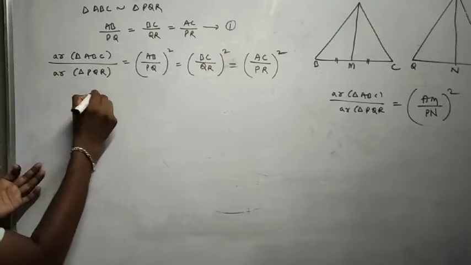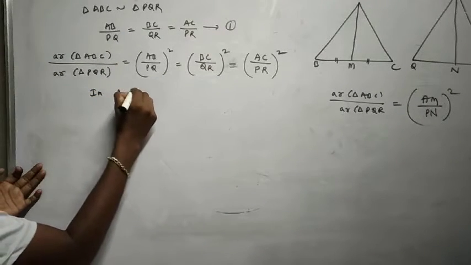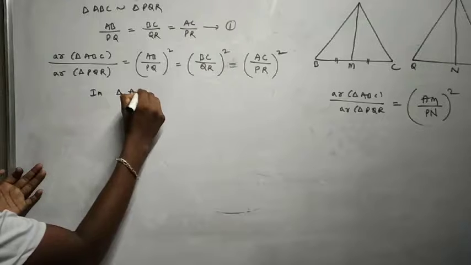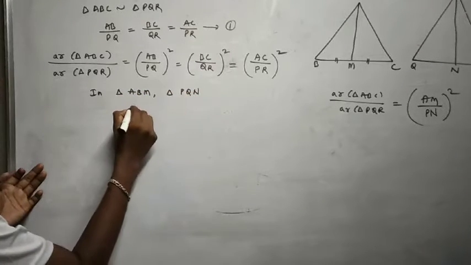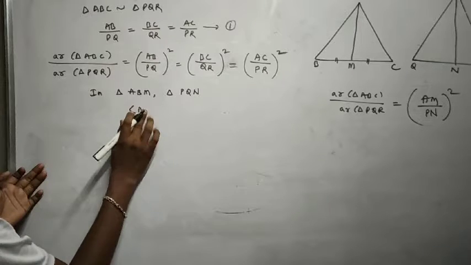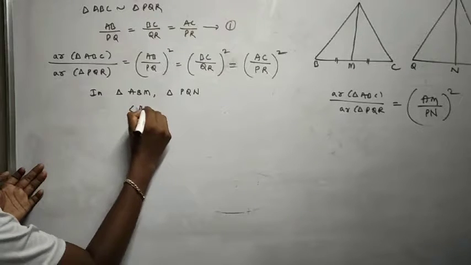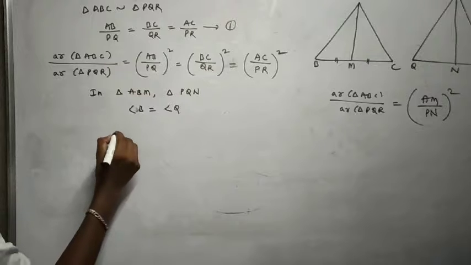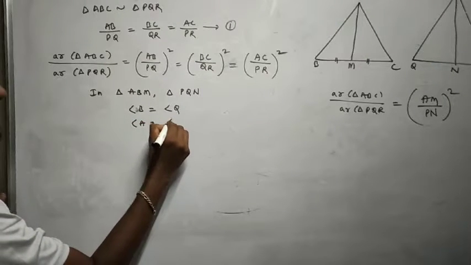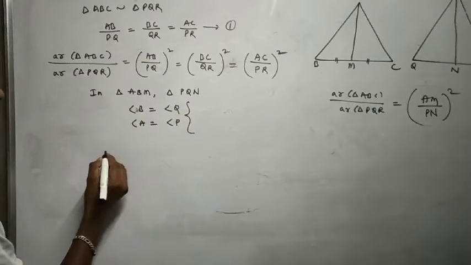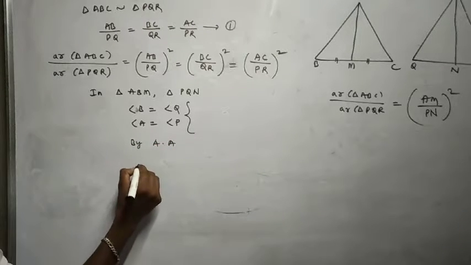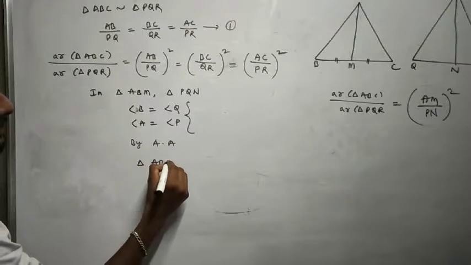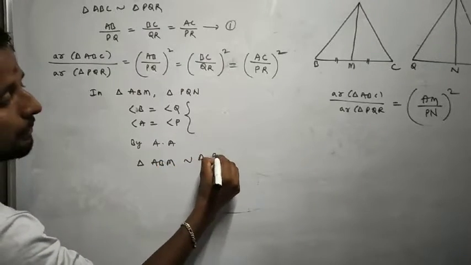So in triangle ABM and triangle PQN, I'll write angle B is equal to angle Q, right? Angle A is equal to angle P. So by AA similarity, I can write triangle ABM is similar to triangle PQN.